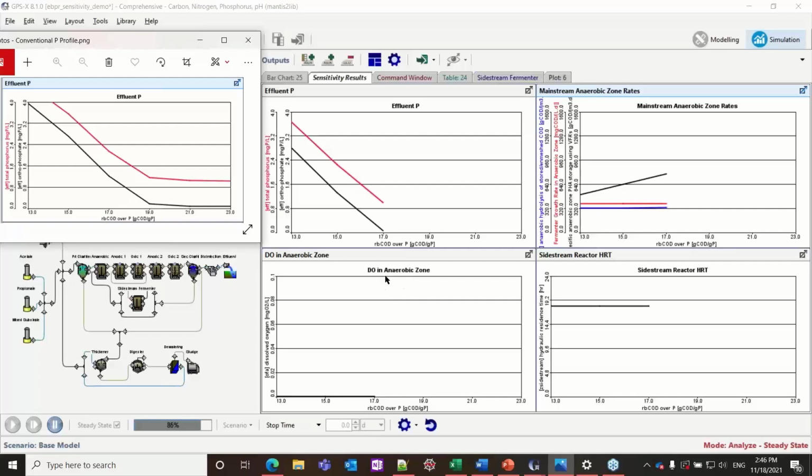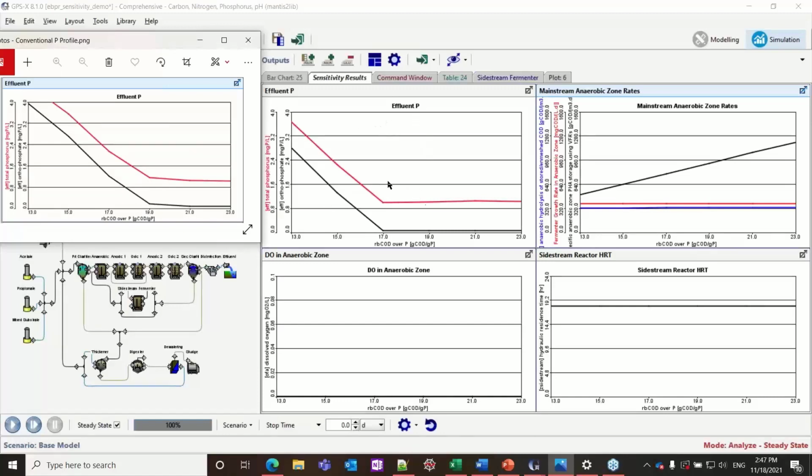So basically, we see what we would expect, which is that GPS-X is predicting that with the S2 EBPR configuration, we're starting at a lower effluent phosphorus concentration, even at the very low RBCOD over P ratio, and it gets down to very low effluent phosphorus concentrations a little bit earlier than the non-S2 EBPR layout does.